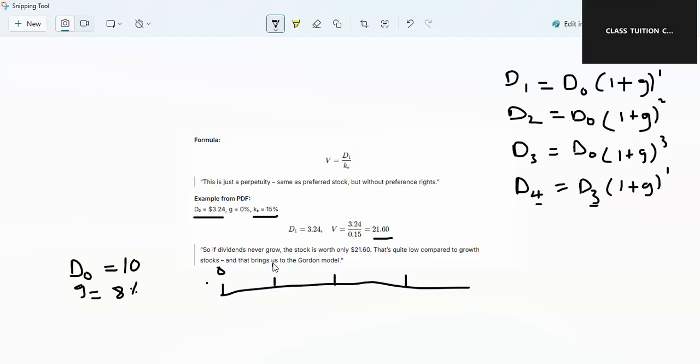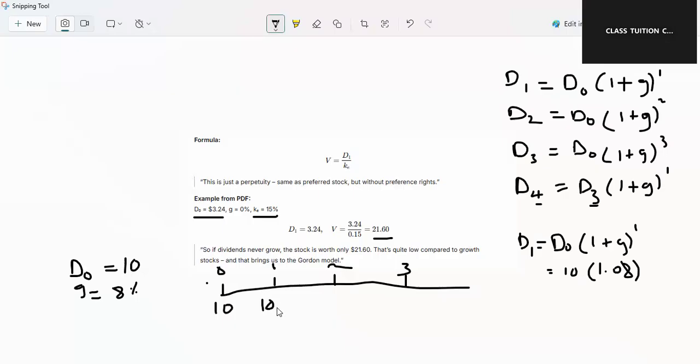So D0, we are starting with how much? 10. So how do we get the dividend for D1? It's D0 times (1 plus growth) to the power 1. What is our D0? 10. 10 times 1.08 to the power 1, so here we're going to have 10.8.